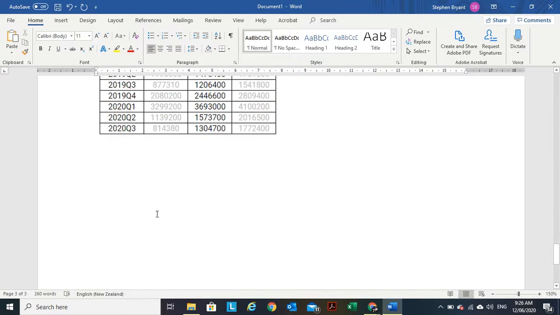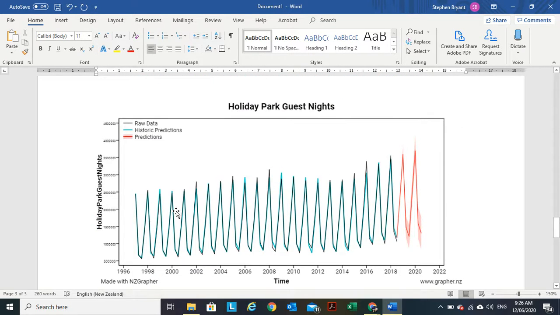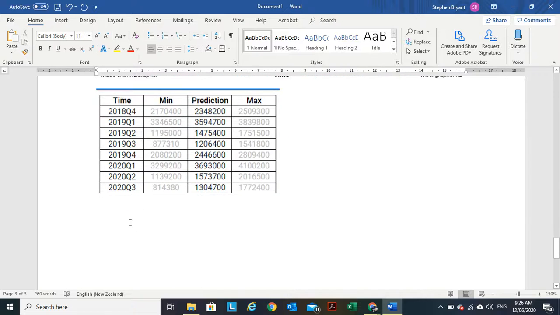So we need to write an accompanying sentence here just to explain what the computer has done and what this actually is meaning. So let's start down here, forecasts.